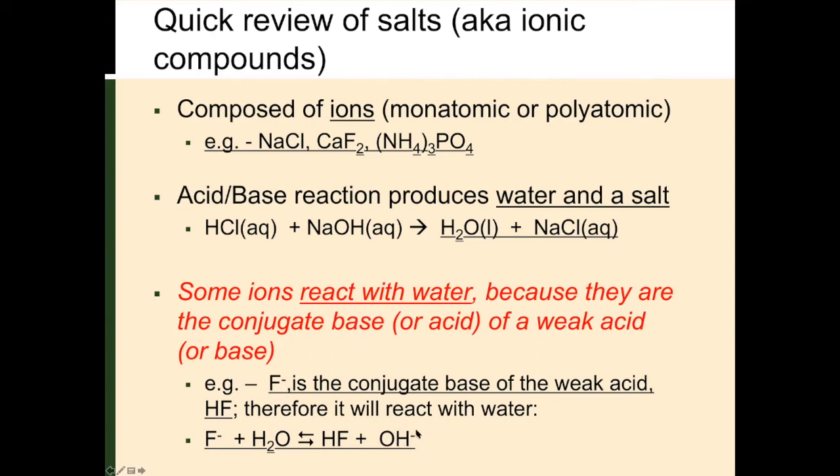And so that's why we say that a solution that has fluoride ions in it will be basic. It will have a pH greater than 7 because of the hydroxide ions that are produced when the fluoride ions react with the water. And again, the reason they react with the water is because this ion is the conjugate base of a weak acid. So it's related to something that is weak, a weak acid, or if an ion was related to a weak base, you would also have a different reaction with water.